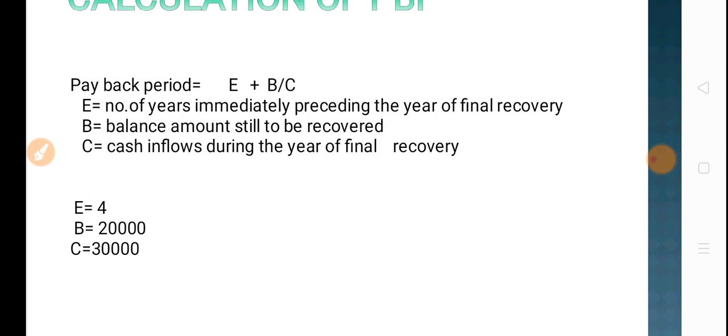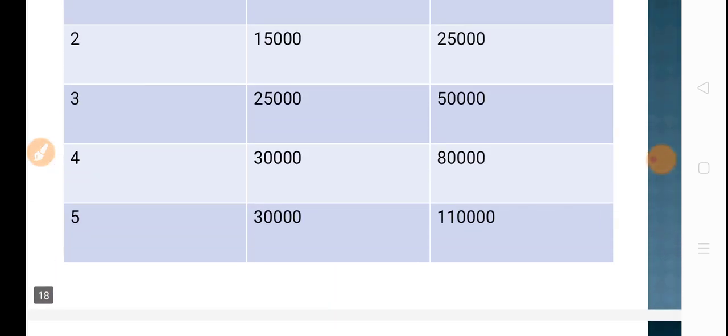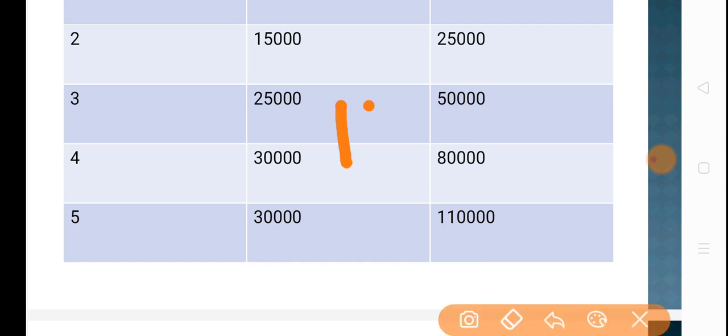Then B: balance amount still to be recovered. You know that they have 1 lakh investment, but in the final recovery, we will get 30,000. Then in the 4th year, before the final year, they have a balance amount of 20,000.